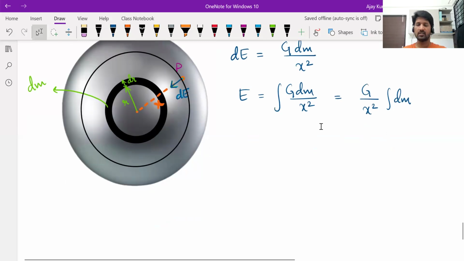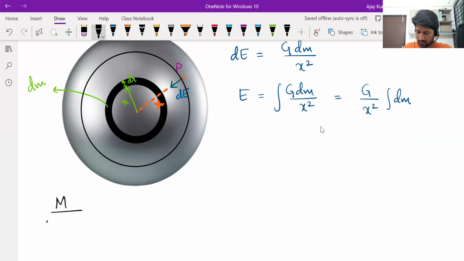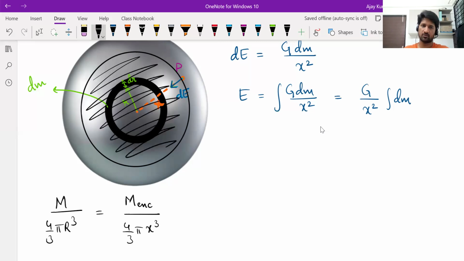And see, solid sphere is a volumetric mass distribution. So total mass by total volume will be equal to enclosed mass, I'll write it as M enclosed, enclosed in that radius x. Enclosed mass divided by enclosed volume. Enclosed volume will be 4 by 3 pi x cube, the volume of this part of the sphere.